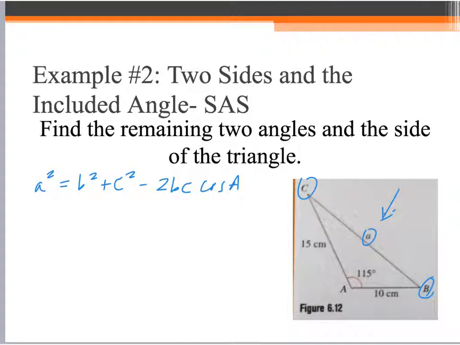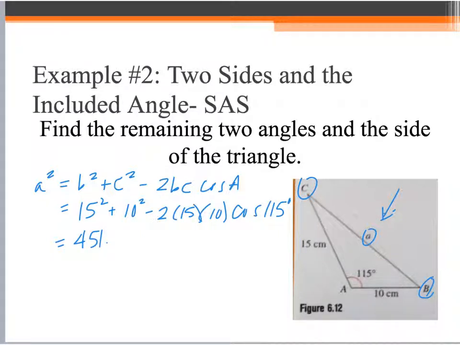Okay, if I put that information in, B is 15 squared plus C is 10 squared minus 2 times B, which is 15, times C, which is 10, times cosine of A, which is 115 degrees. Okay, if I do all of that math, I'm going to get that A squared is equal to 451.785, or approximately that.